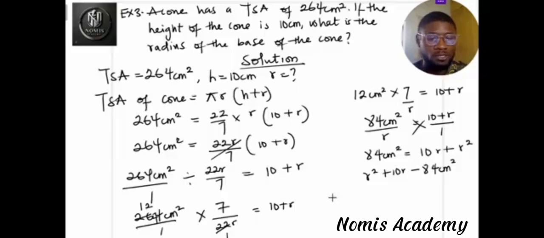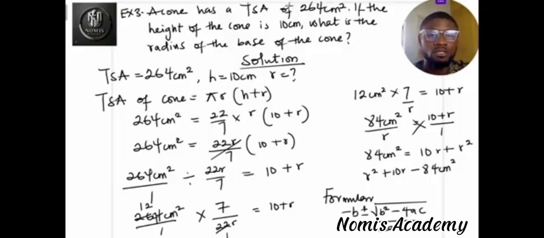Recall the formula that says minus b plus or minus the square root of b squared minus 4ac all over 2a. So we're going to use this formula now to solve the equation.